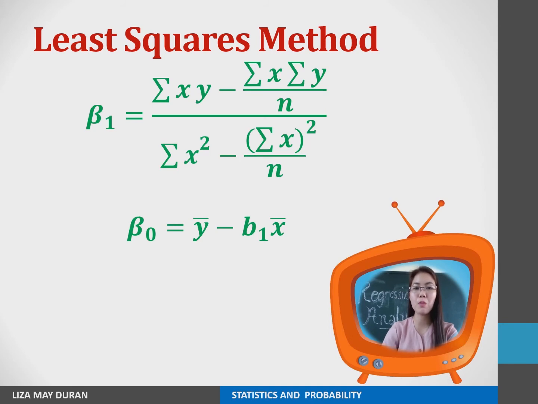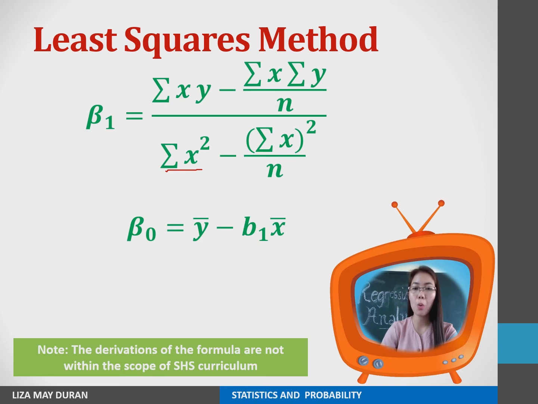For b sub 1, our slope, it is given by the summation of xy minus the summation of x times the summation of y over n, all over the summation of x squared minus the quantity summation of x squared over n. And for b sub 0, our y-intercept, it is solved by the mean of y minus b sub 1 multiplied by the mean of our independent variable x.